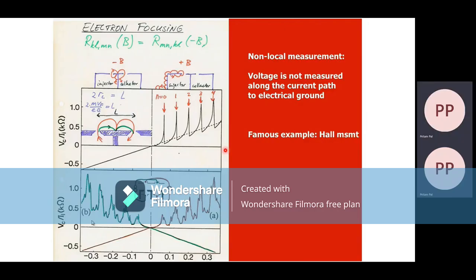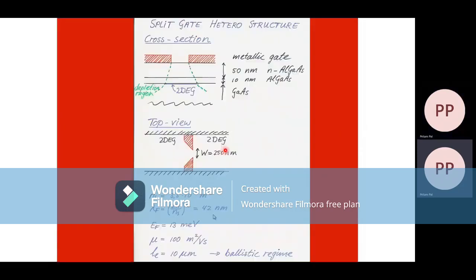Originally, it was resolved, focusing, etc. But for most of the rest of the lecture here, we'll focus on the quantum effects related to ballistic transport, and we'll consider the simplest situation, basically, where transport goes through a one-dimensional constriction in the same material system, a two-dimensional electron gas made of gallium arsenide, aluminum gallium arsenide.